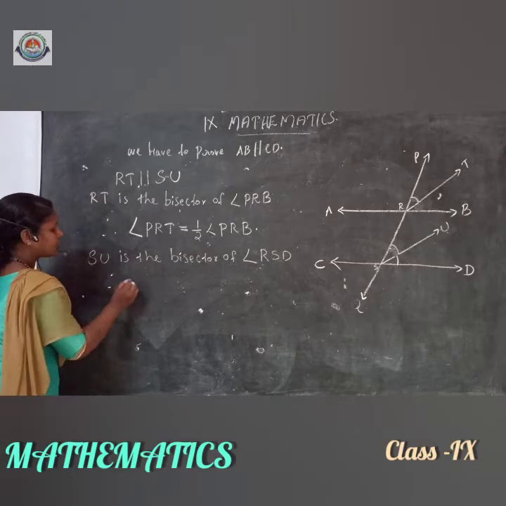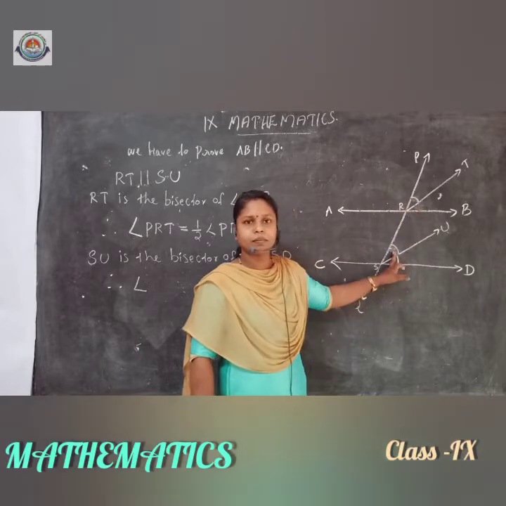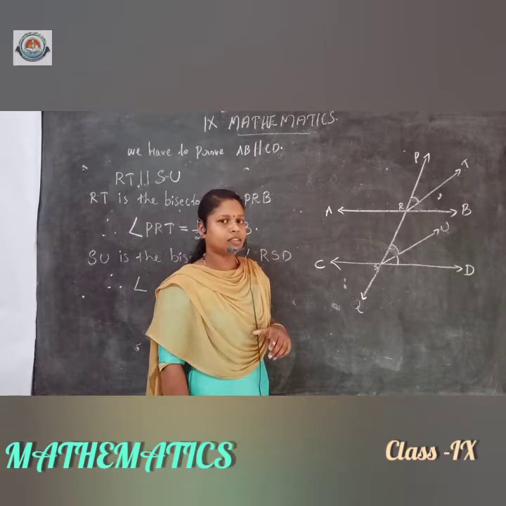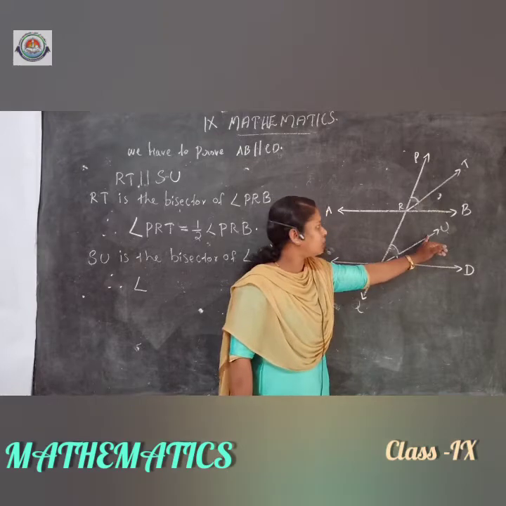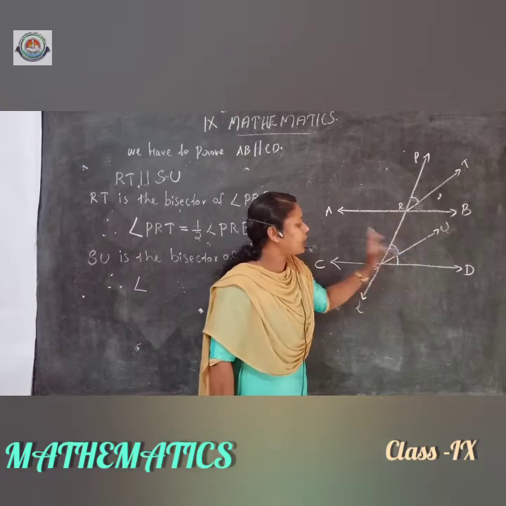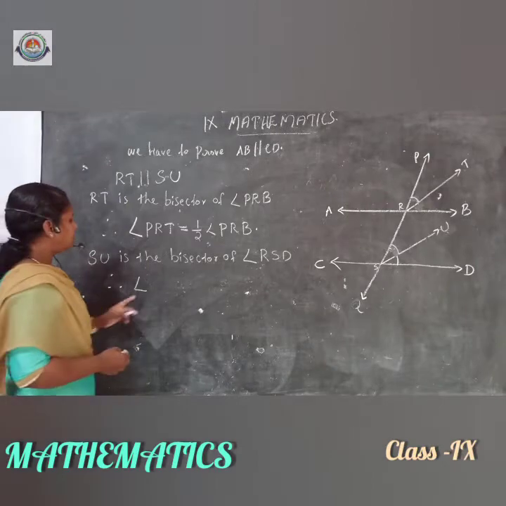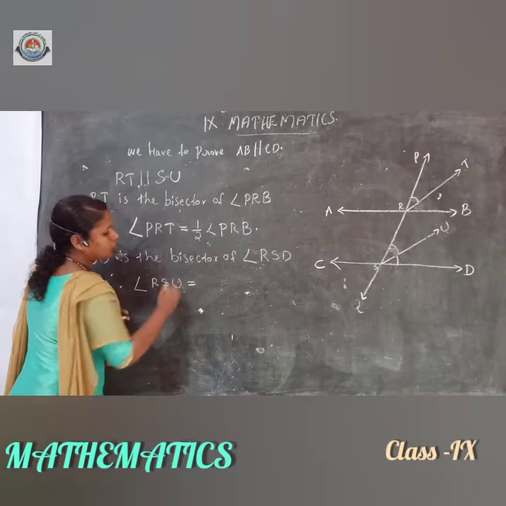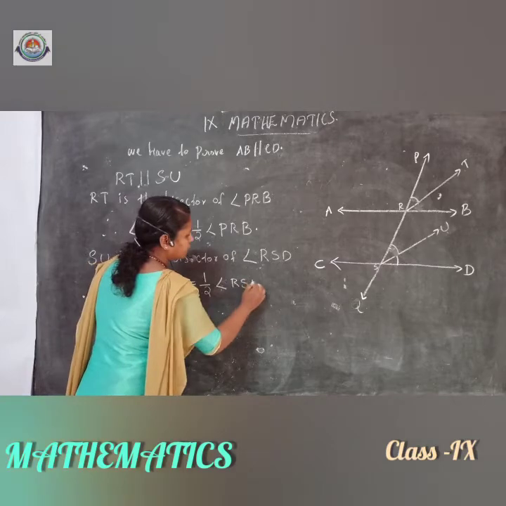Why are we choosing these two angles? Because these two angles are corresponding angles. These two lines are parallel, therefore their corresponding angles will be equal. Therefore, angle RSU equals half of angle RSD.